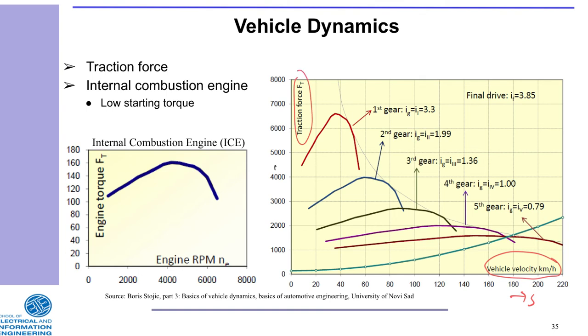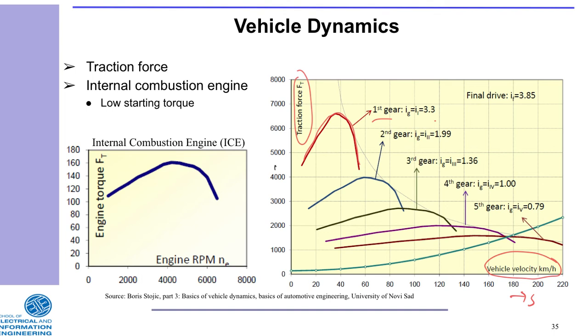We can see at lower speeds you actually can achieve high torque. Gear number 1, then gear number 2. As you go higher in your gears, there's not much torque because you are now going at higher speeds, right?